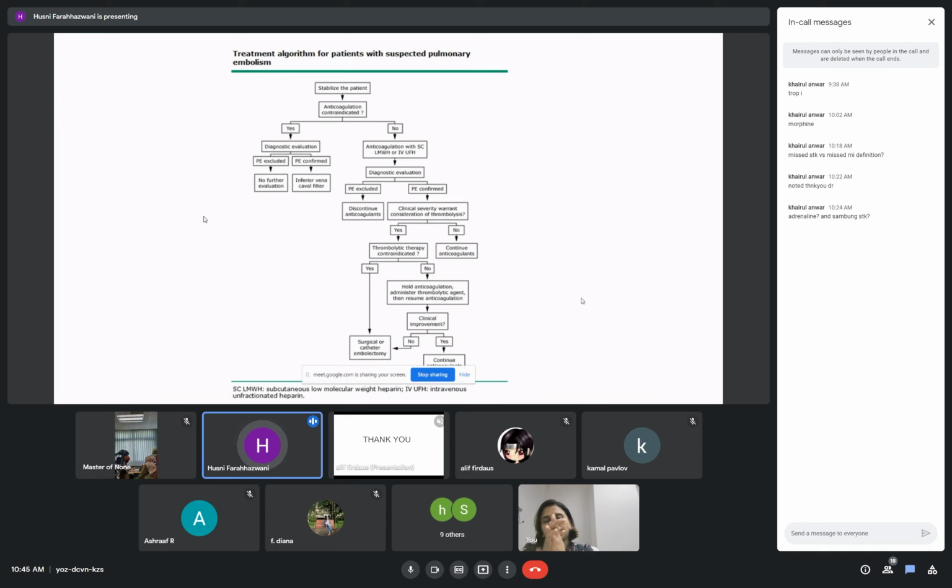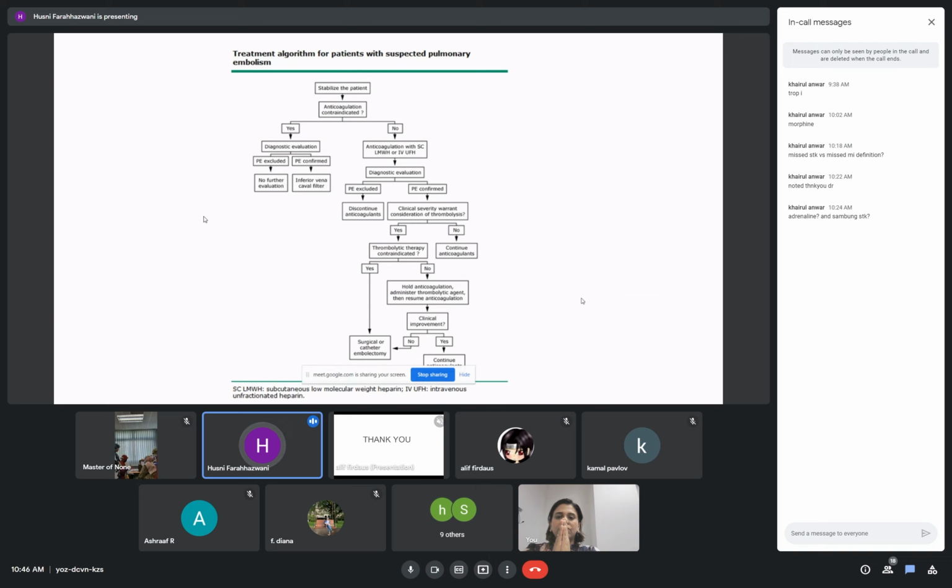So this is the algorithm. When a patient first comes in with pulmonary embolism, hemodynamically unstable, you should stabilize the patient first, and note whether the patient is contraindicated for anticoagulation or not.